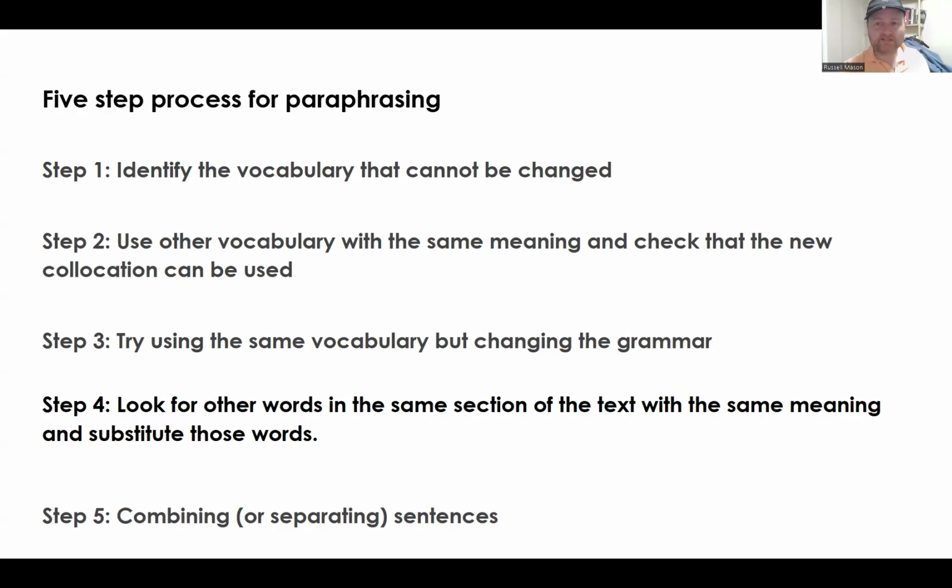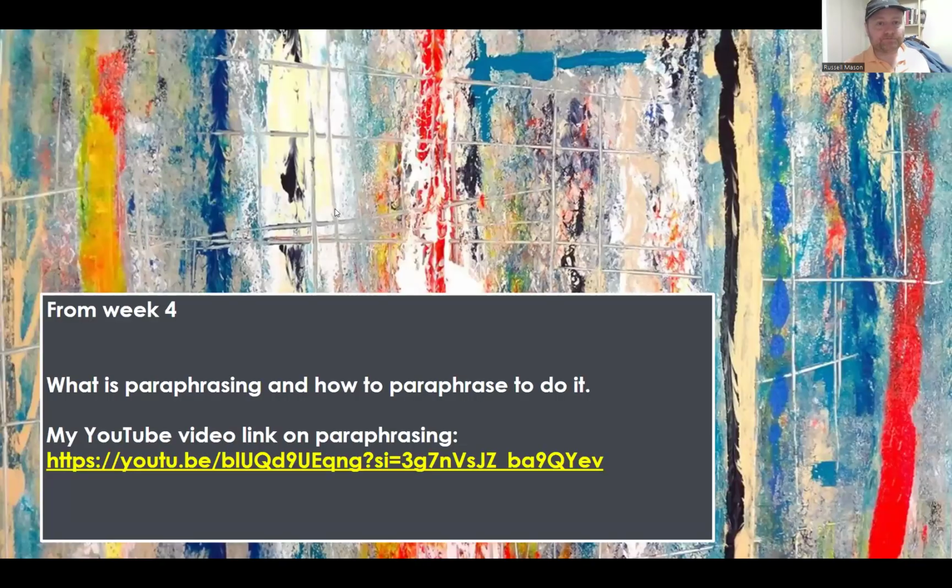So that's the context, and substitute those words if they have the same meaning. And finally, you could try making shorter or longer sentences. But as I said, that is the least useful strategy of the 5. So basically, the first 3 are very important. 4 and 5 can be used, but they're not enough on their own to constitute paraphrasing. Here is the video about paraphrasing if you want to review it from week 4.